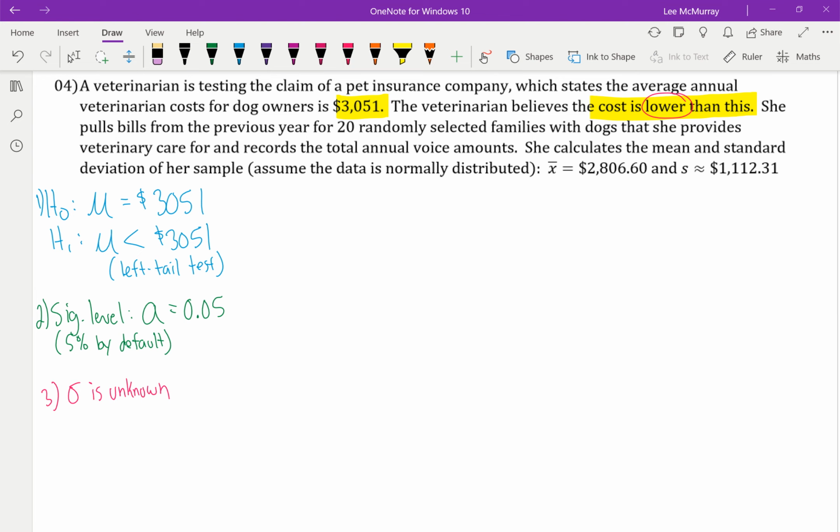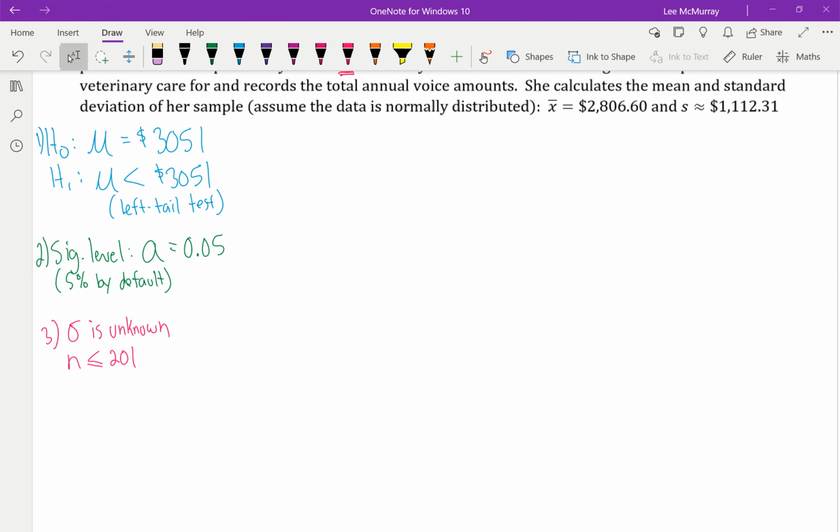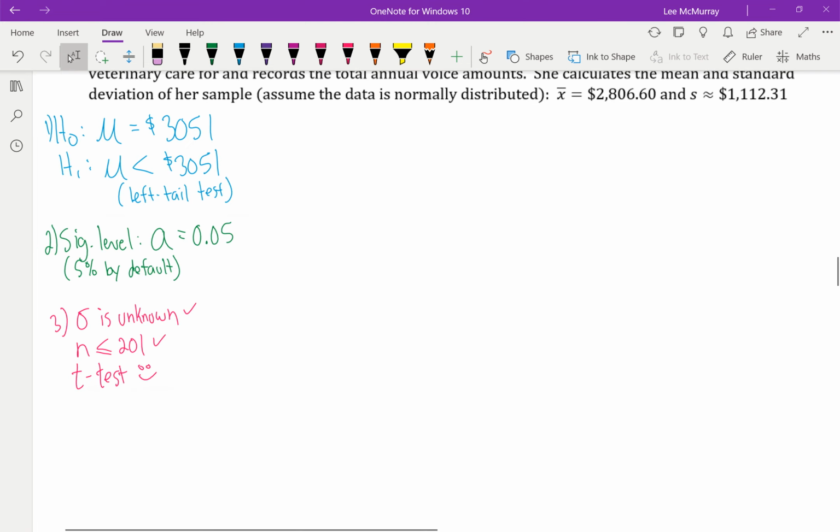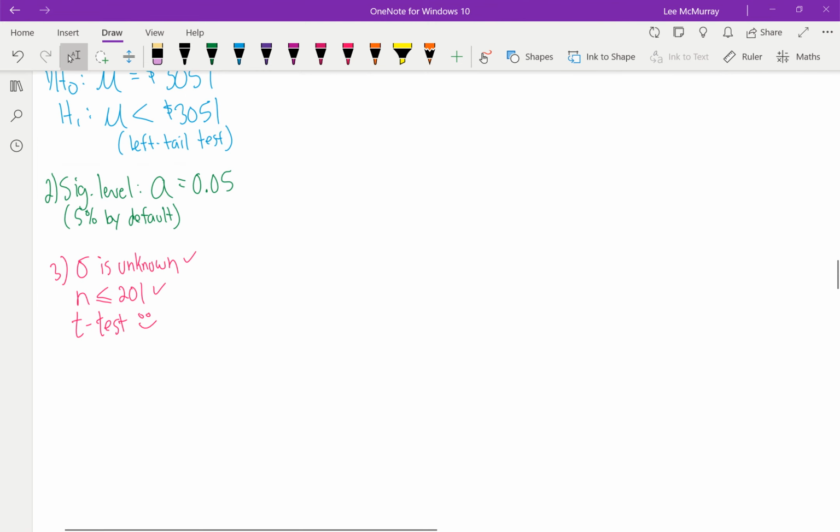So based on that, we say the standard deviation is unknown, and based on our n value, she's looking at 20 randomly selected families, so n is far less than or equal to 30. As a result of those two conditions, we have to use a t-test. Okay, so that's how you determine that, and of course that's what we're working on, so that makes sense for this example to fall in place.